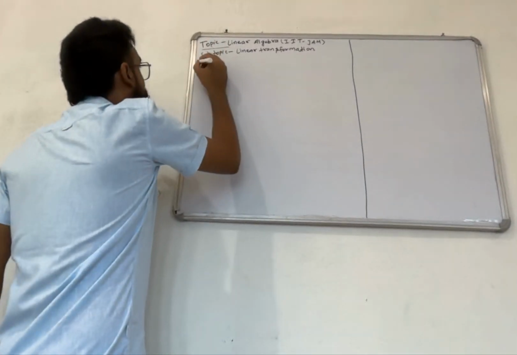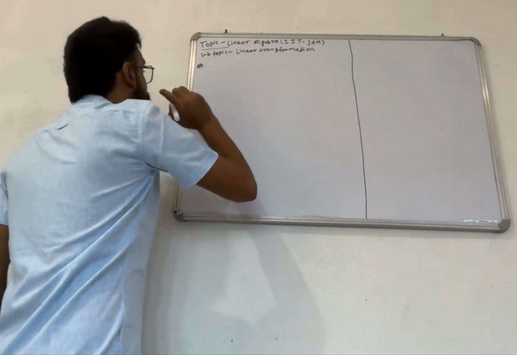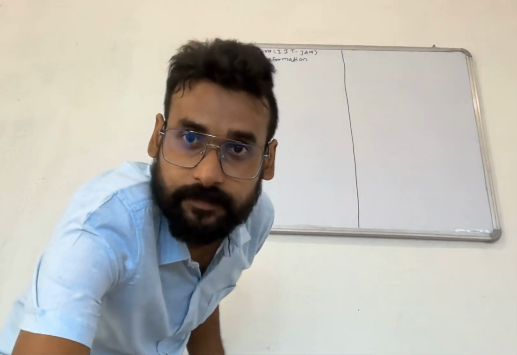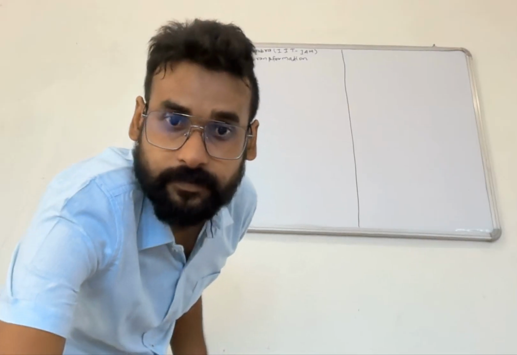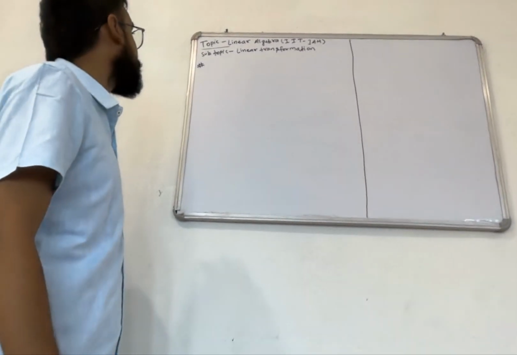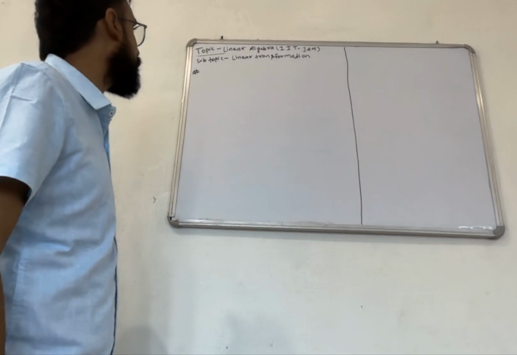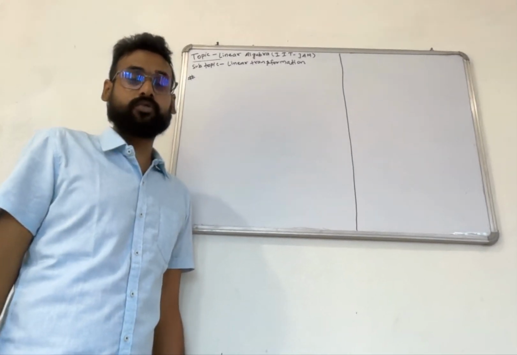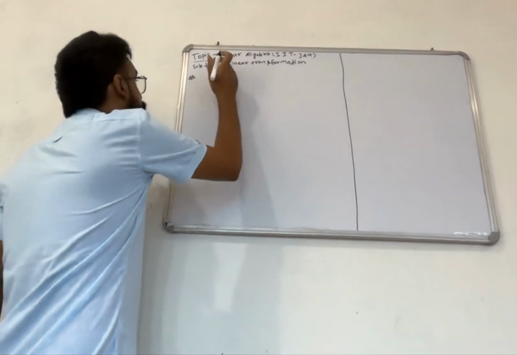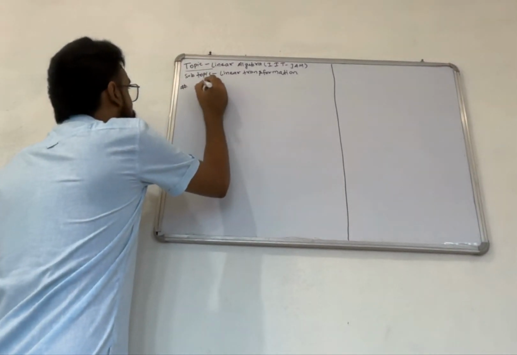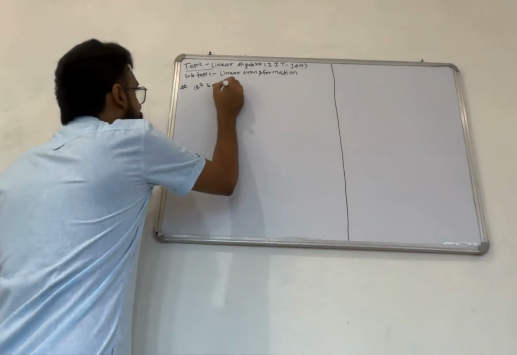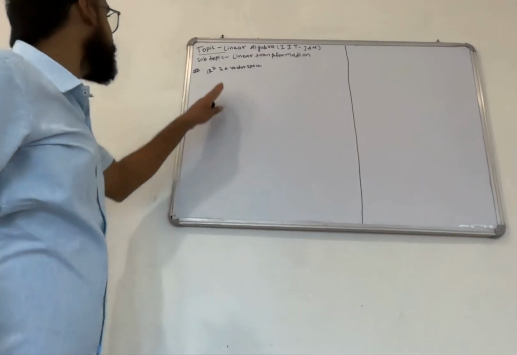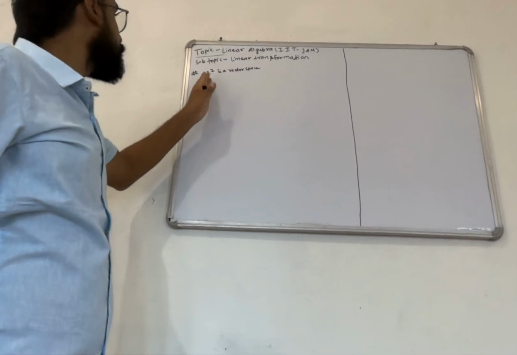Let's suppose we have a space that is R2 space. R2 is a vector space.